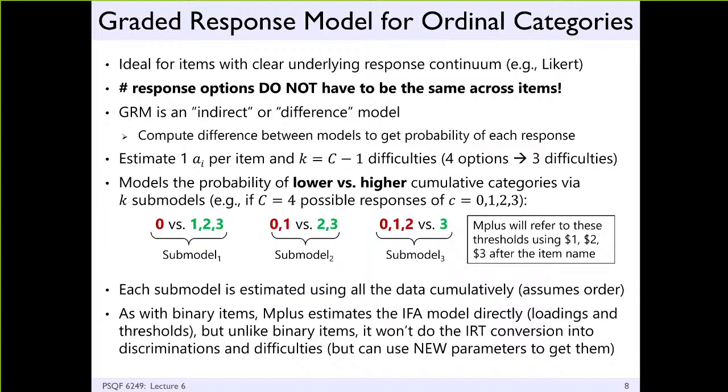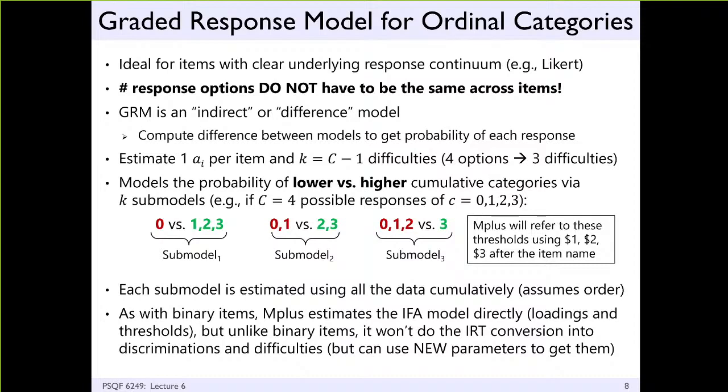Okay, so here's some pictures. There's two different kinds of plots that people use to explain these models. This one aligns much more with how the model works, but it's not as useful for thinking about how the model predicts the probability of any response.